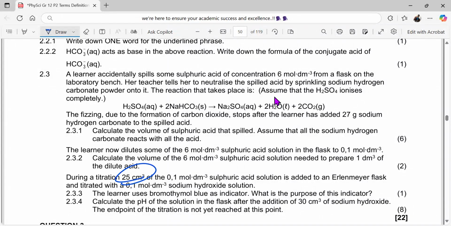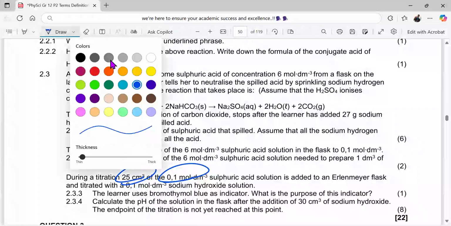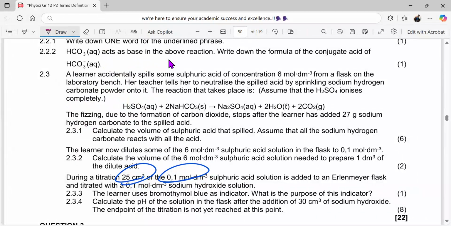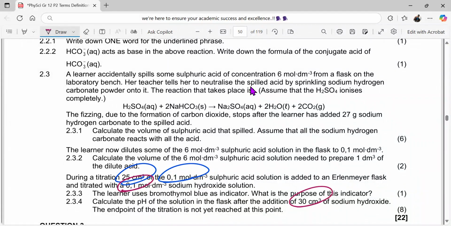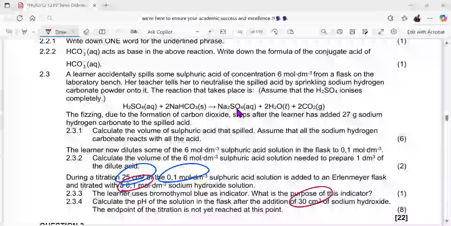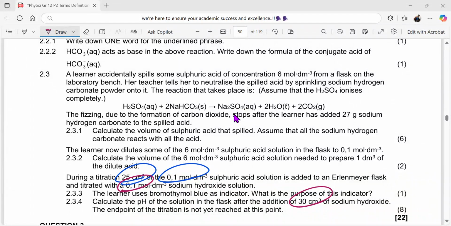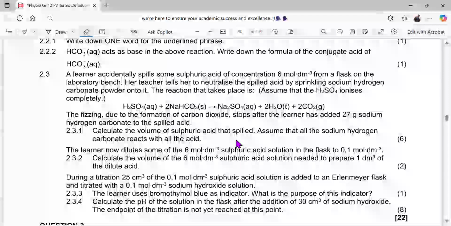They gave you the volume and the concentration of the acid. You can use that to find the number of moles. They gave you the concentration and the volume of the base. You can use that to convert it to the number of moles. So you can find the moles for both of your reactants and then find the limiting reagent, all right?